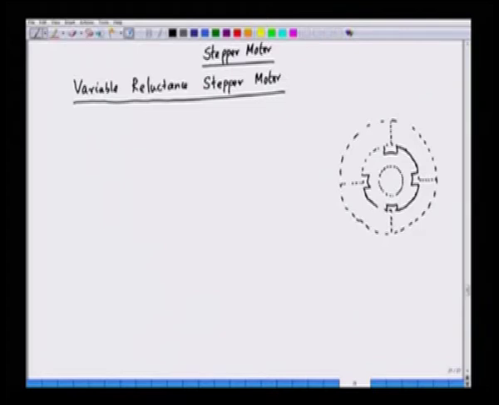This is a cross sectional view of the stator, and this is the stator core. We can complete the stator core structure. And the stator carries windings, and the windings are for every pole.